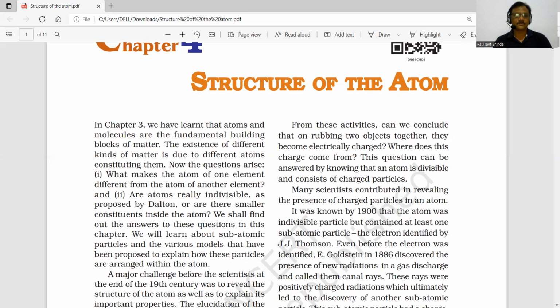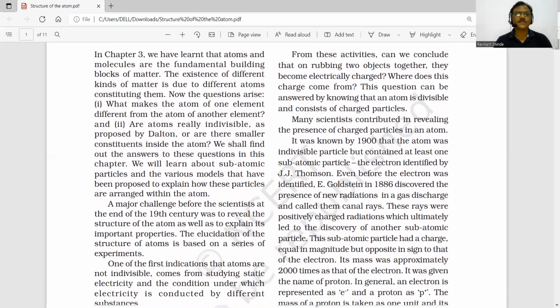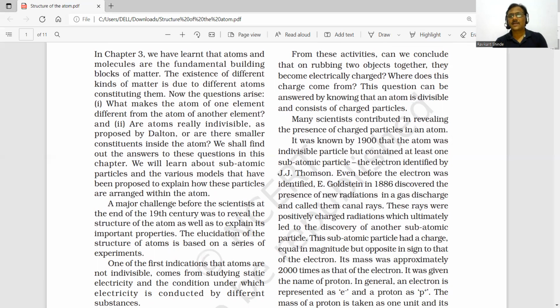In the beginning, whether atom is divisible or indivisible was not known. But later on, Democritus, Leucippus, and Maharshi Kanada discovered the atom, and later modern scientists found out that the atom contains certain particles, and those particles are divisible.